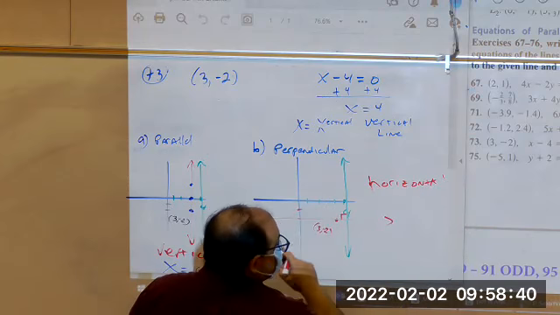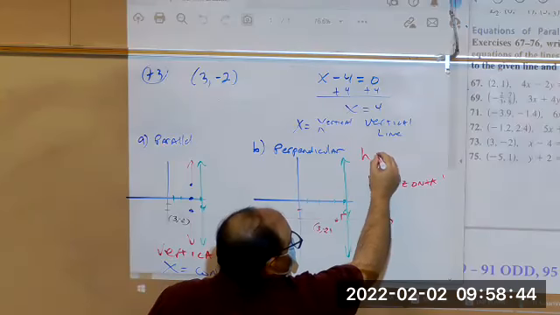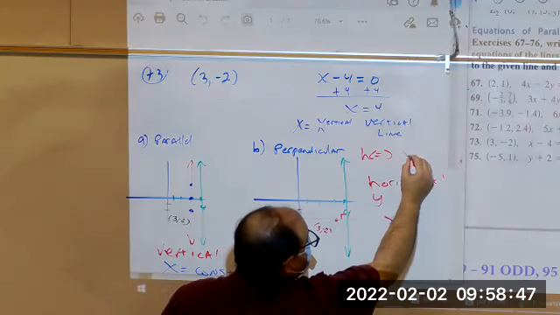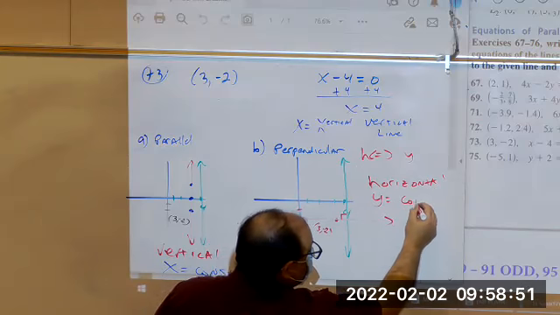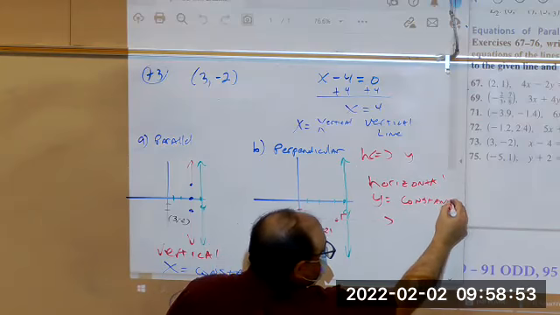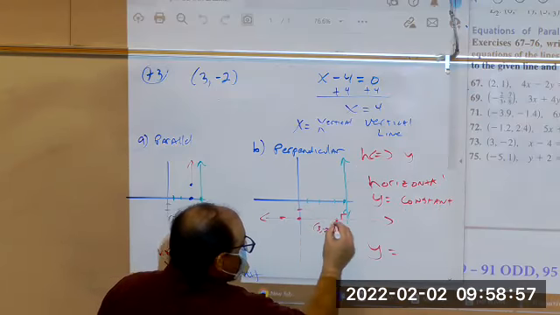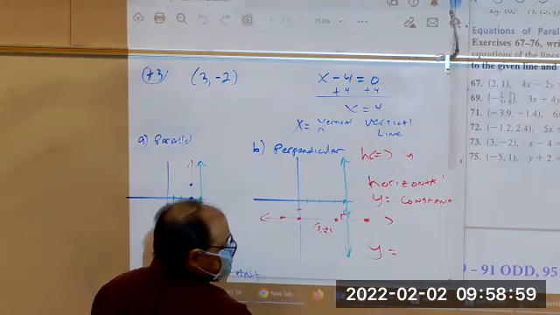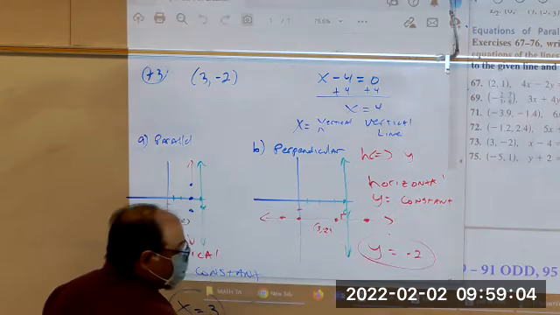And when you have a horizontal line, it's y, because h is a little bit like an upside down y. So they go together: y equals a constant. And on this line, what does the y always equal that keeps it horizontal? -2. And that's all you put.